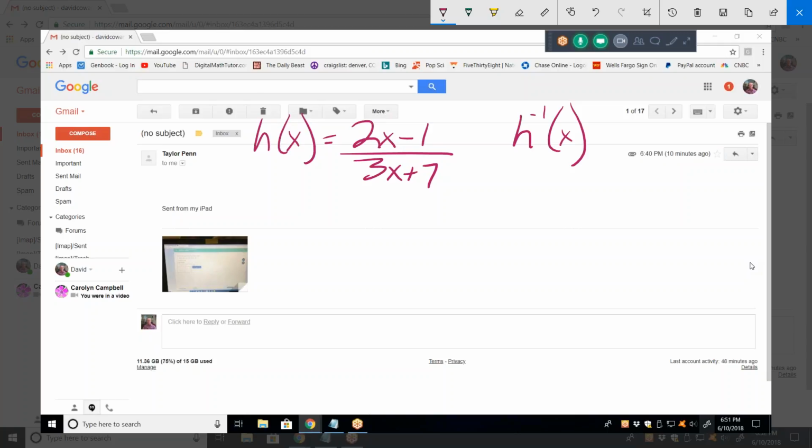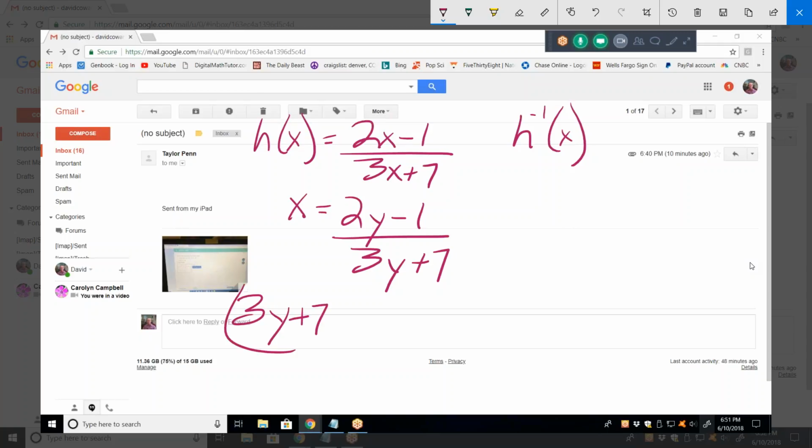Okay, so I'm going to have to switch the terms. So it'd be x equals 2y minus 1 over 3y plus 7. Then I'm going to have to multiply both sides by 3y plus 7.